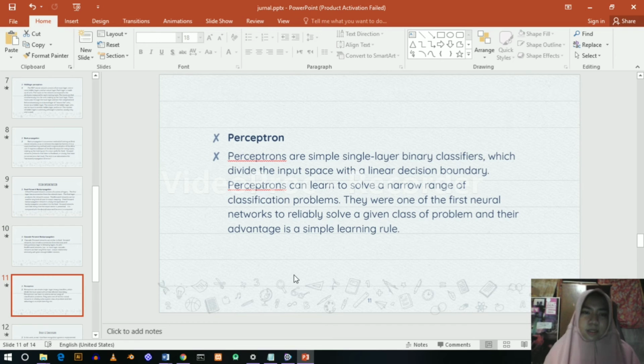Next, perceptron. Perceptrons are simple single layer binary classifiers, which divide the input space with a linear decision boundary. A perceptron can learn to solve a narrow range of classification problems. They were one of the first neural networks to reliably solve a given class of problem, and their advantage is a simple learning rule.